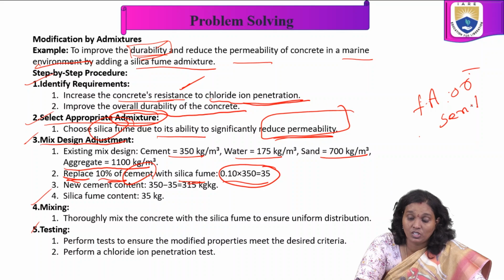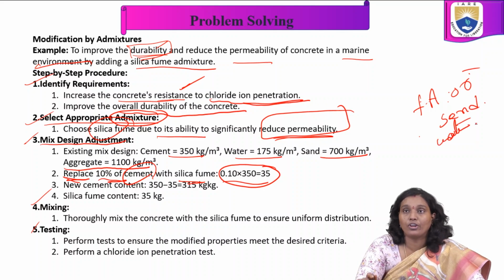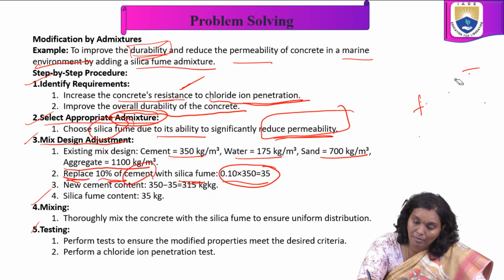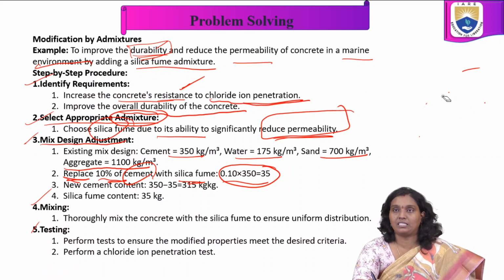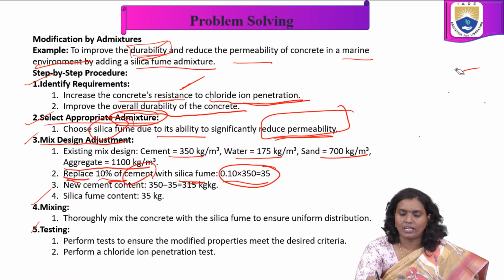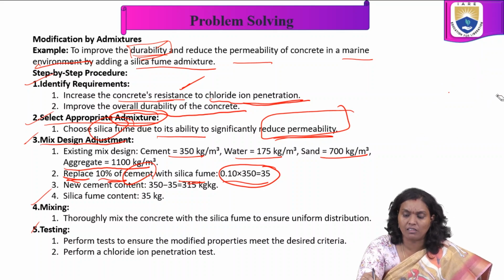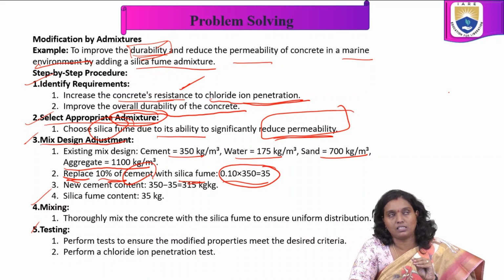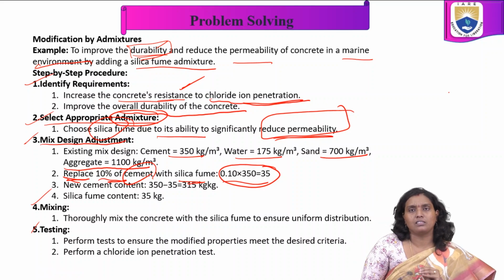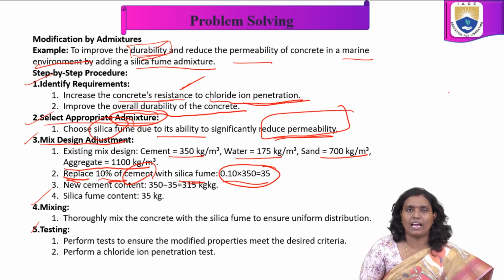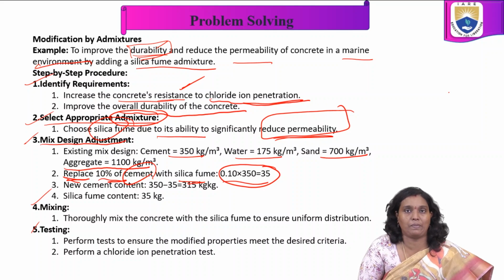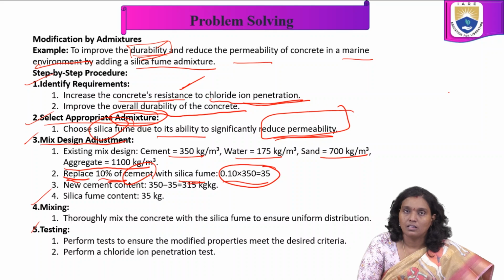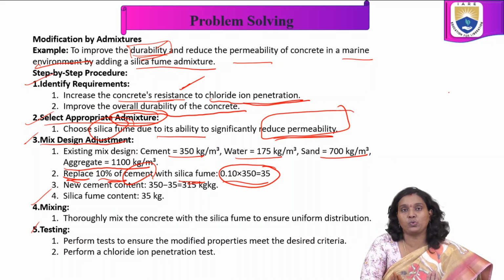In some situations they may add water, or superplasticizers, to that particular mix design. It depends upon the practical scenario involved. Whenever we do this mix design adjustment, it is not only for the cement. It may be water, sand, aggregate or any superplasticizer that we add or replace. It depends upon the problem statement.